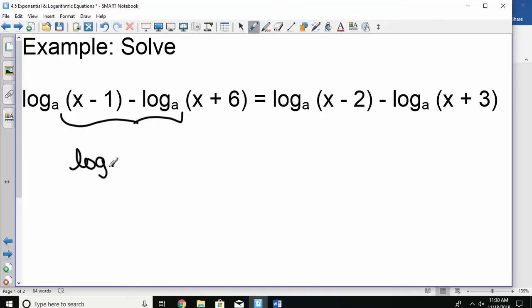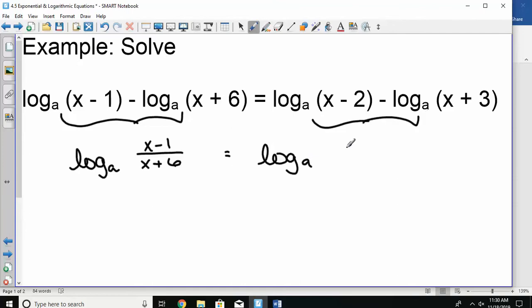So it's log base A of (x minus 1) over (x plus 6). On the right becomes log base A of, and down to 1 log on each side. So now you drop the log.